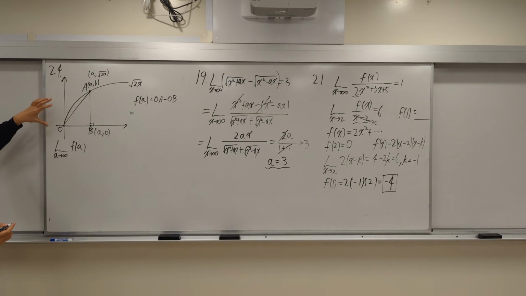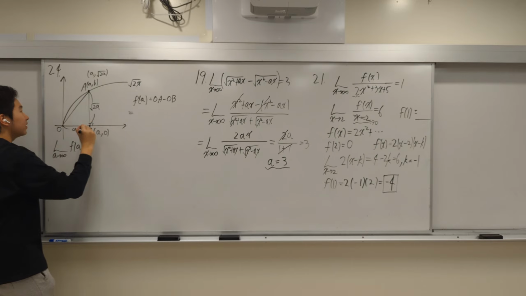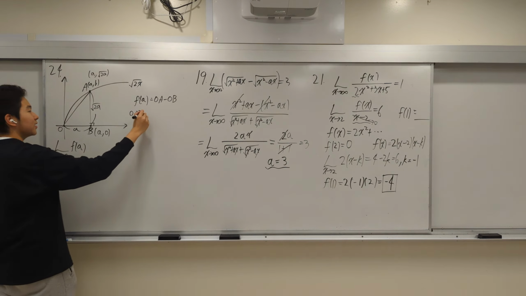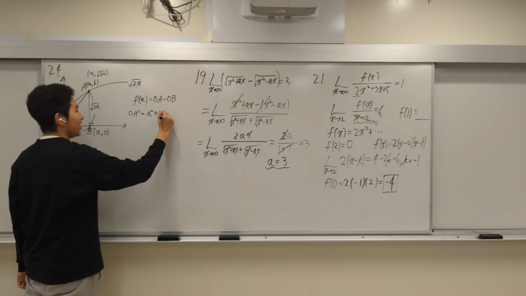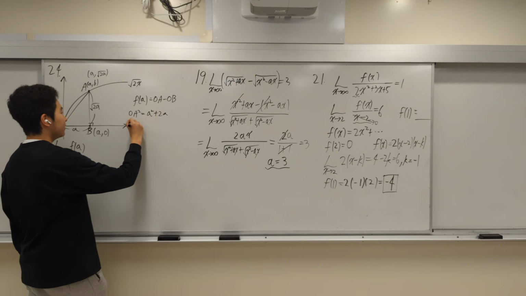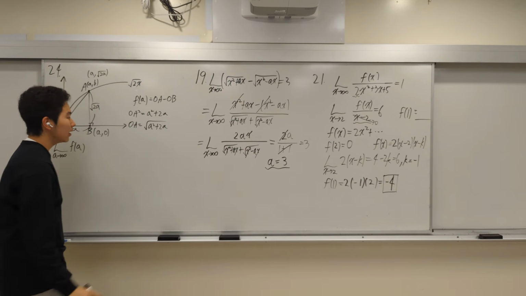OA is going to be, we can use Pythagoras, right? So this length is going to be a, this length is what? Square root of 2a. So OA squared equals a squared plus 2a, right, guys? So OA is positive, so we can just square root it, like that.